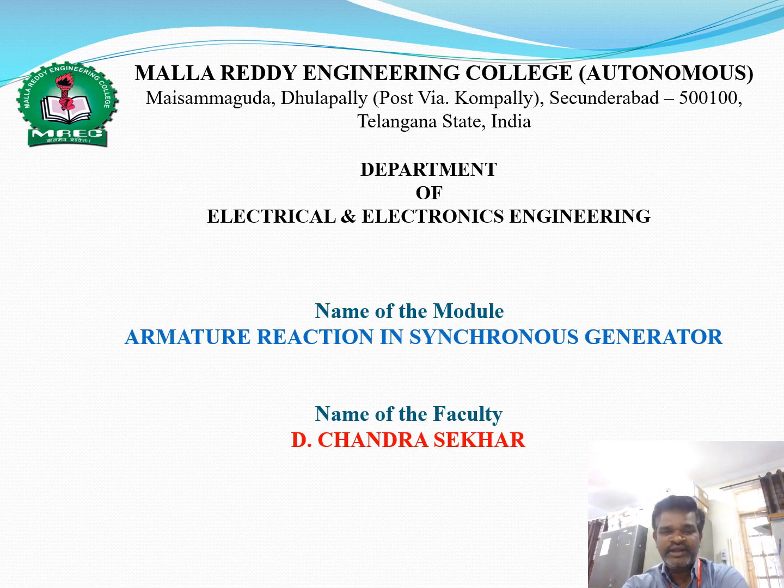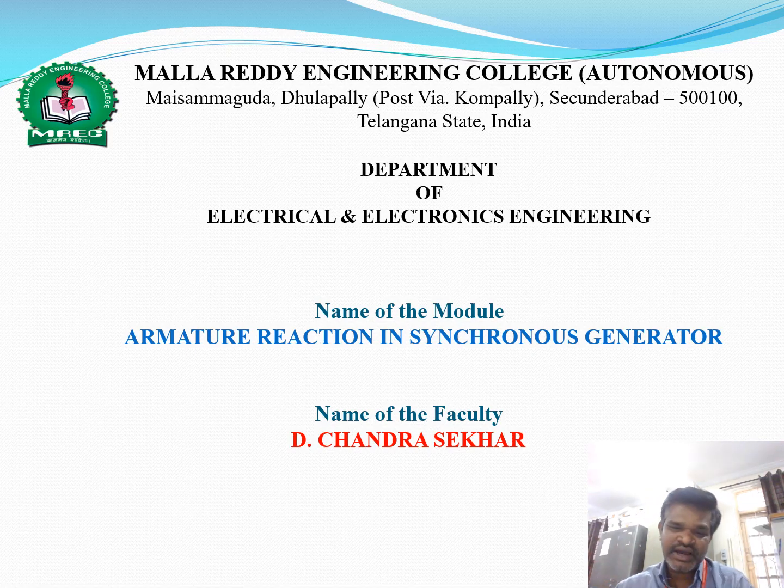While the machine starts running, after developing of the flux in the armature coils, this armature flux interacts with the main magnetic field. So the armature reaction is defined as the effect of armature flux on main magnetic flux. The effect of armature flux on main magnetic flux is called armature reaction.